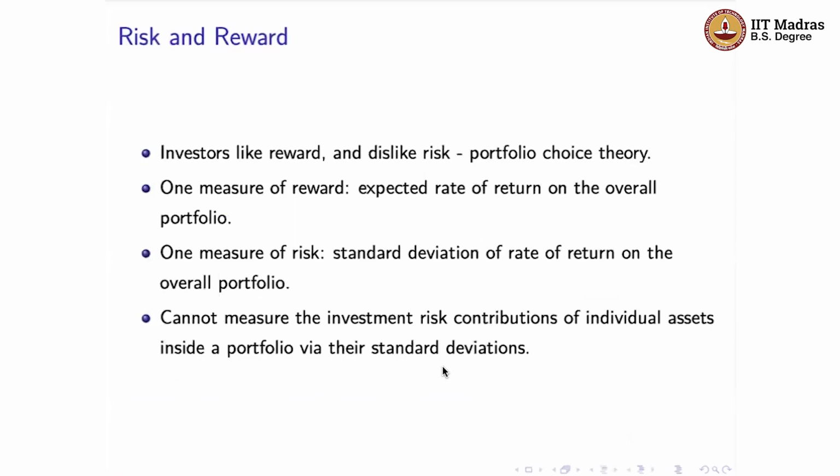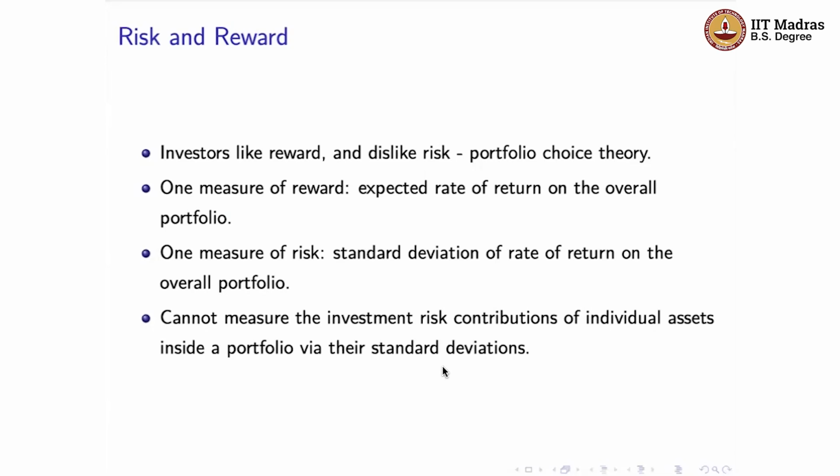Now, recall our lessons from portfolio choice theory. There we understood that investors like reward and dislike risk, right? So one measure of reward that we have studied before is the expected rate of return on the overall portfolio. That is the measure that we have been using for reward. Now, how do we go about thinking about risk?